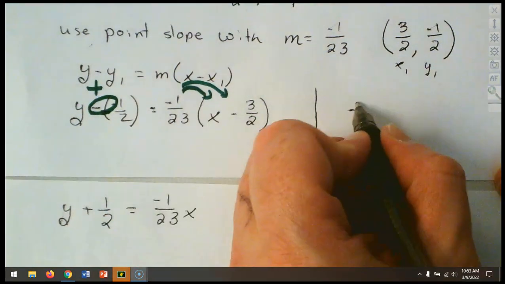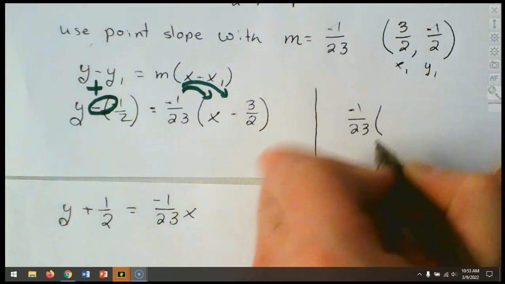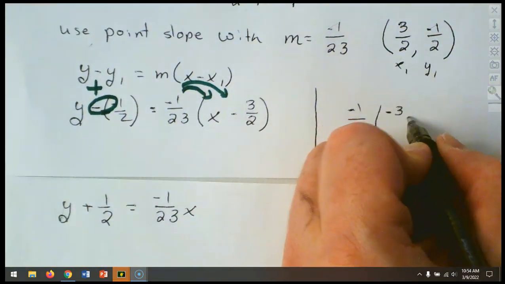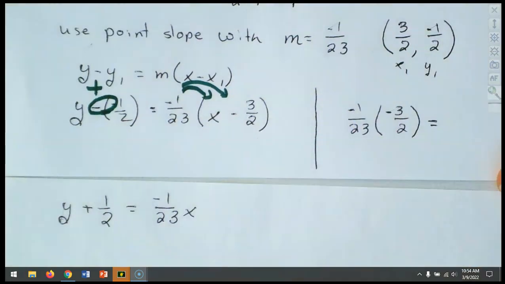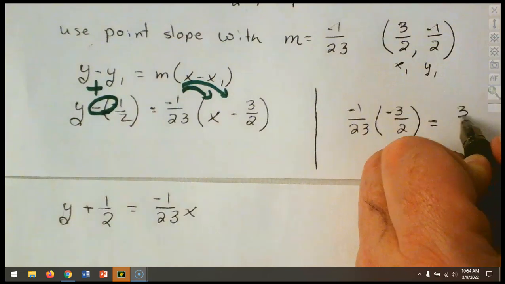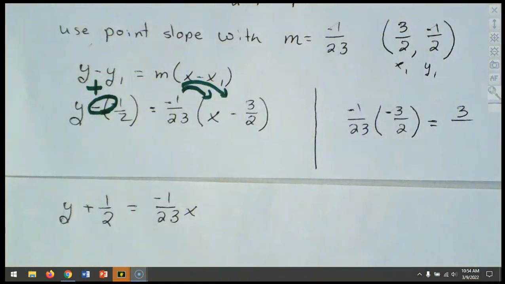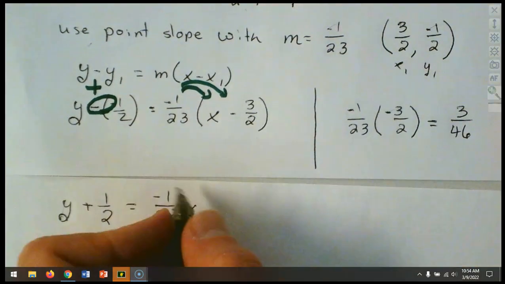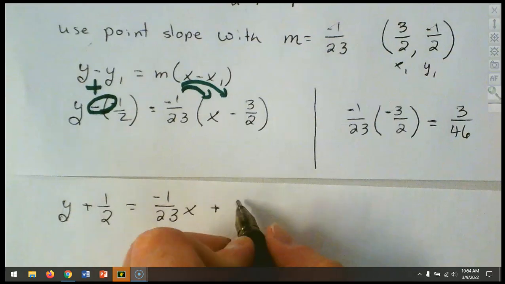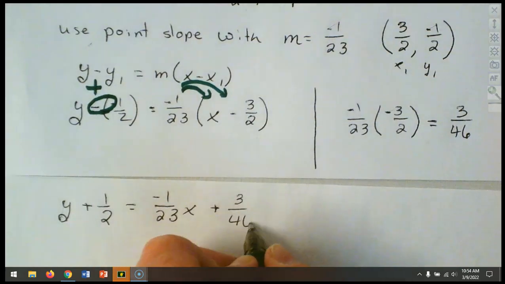Well, negative 1 over 23 times negative 3 over 2. Nothing is going to cancel. We multiply across the top, across the bottom. So negative and negative makes it a positive 3 on the top, and 23 times 2 is 46. So that's going to be plus 3 over 46 there.